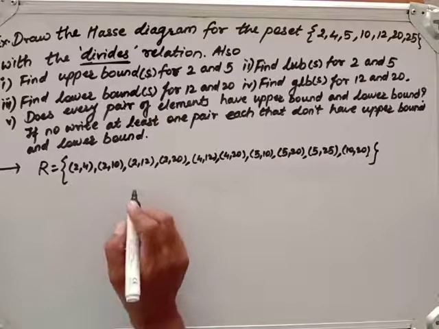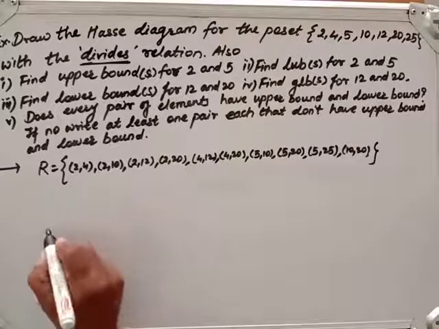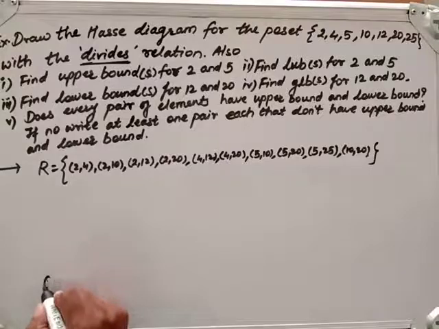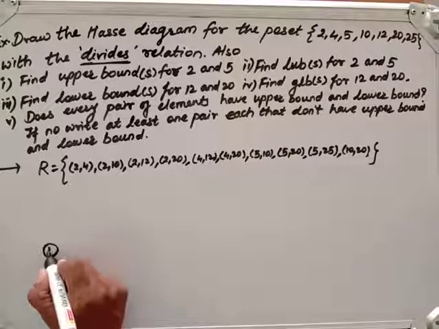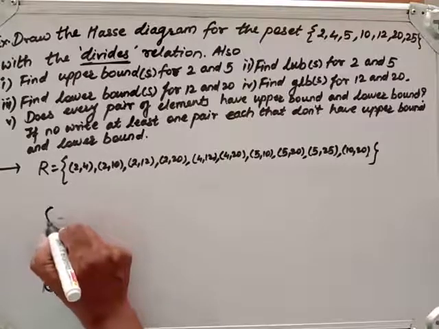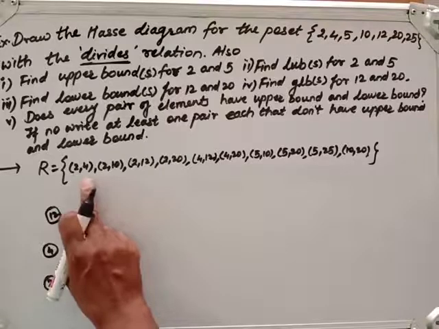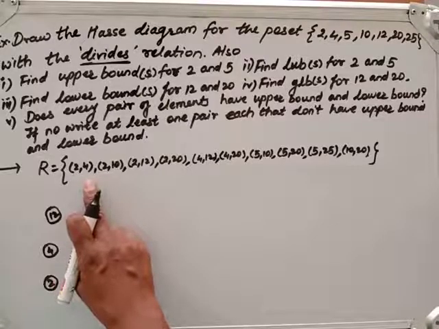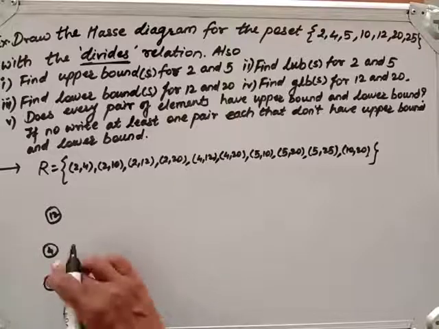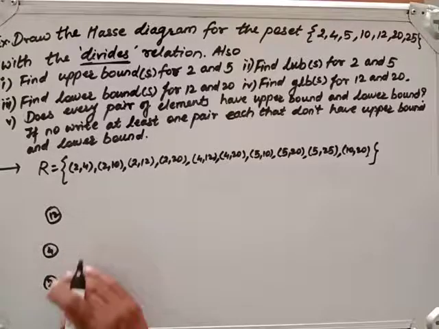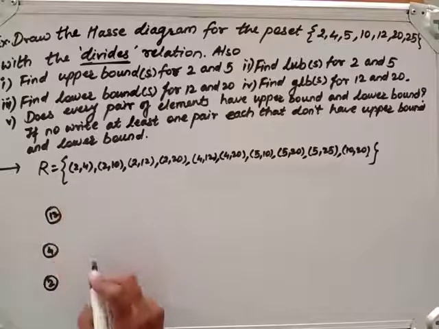Now if I want to draw a digraph here, how is the digraph? The digraph has the points, suppose let me write 2 here, suppose 4, and here using one rule of the Hasse diagram, that we are writing lower values at lower level and higher values at upper level.